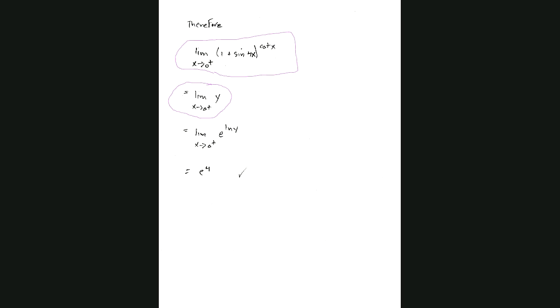I can write y as e to the log of y. But we know the log of y, as x approaches 0 from the right, is equal to 4. So our final answer here is going to be e to the fourth. So we took the log, but then we exponentiated the log to get our answer.